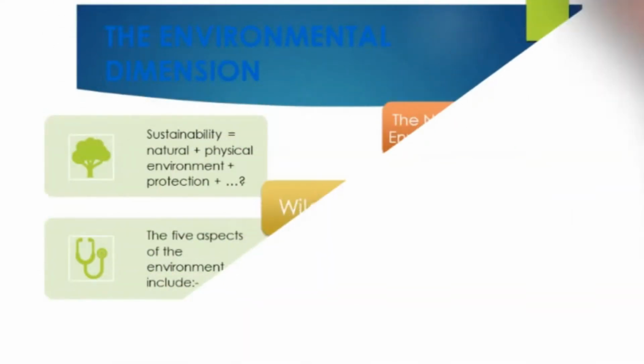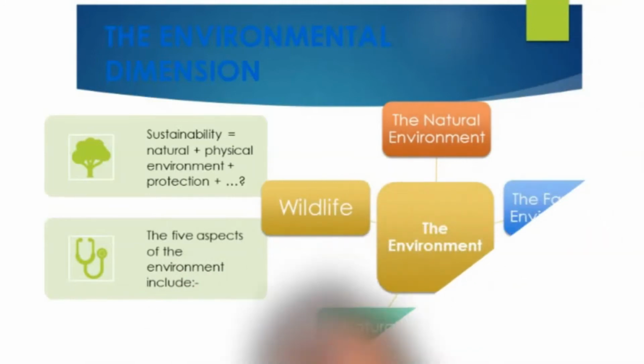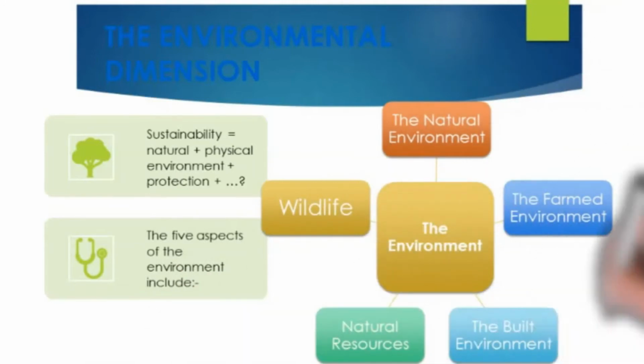The environmental dimension concerns the protection of the natural and physical environment, and it has five aspects: wildlife, the natural environment, the farm environment, the built environment, and natural resources.